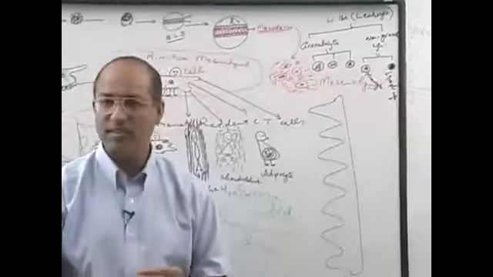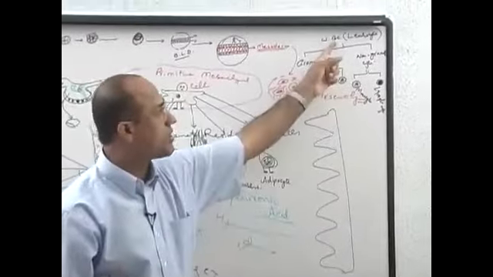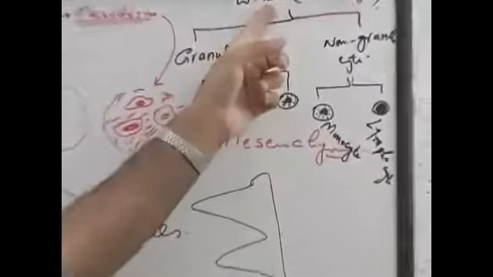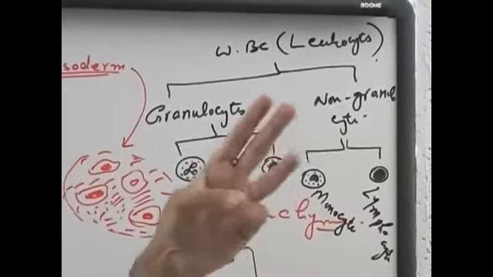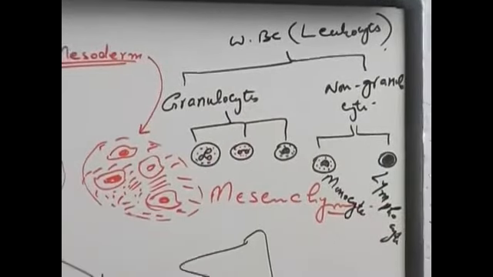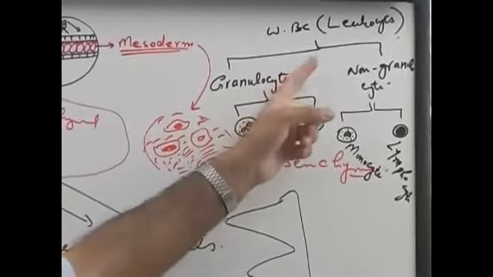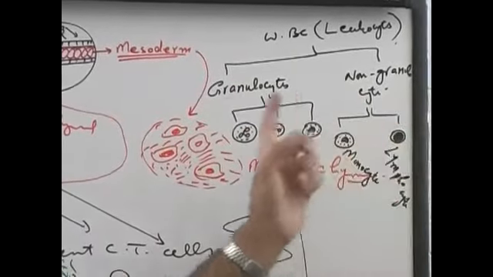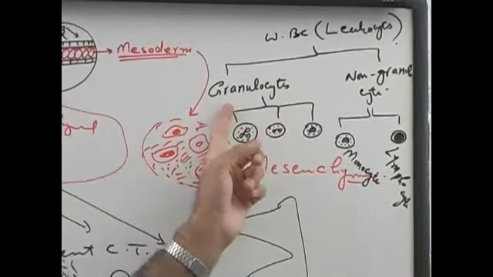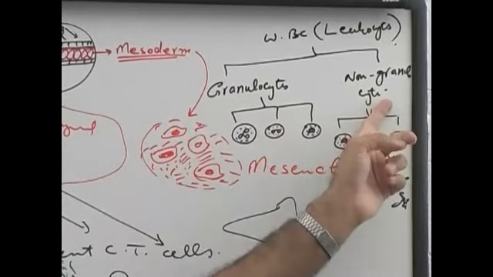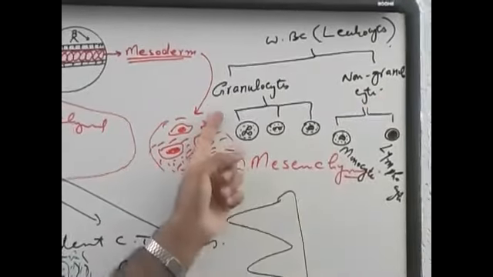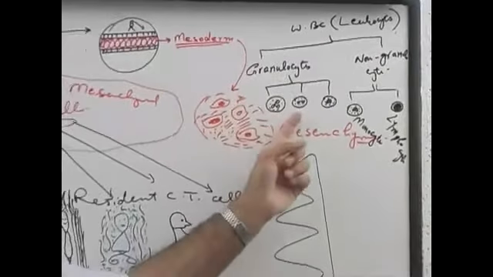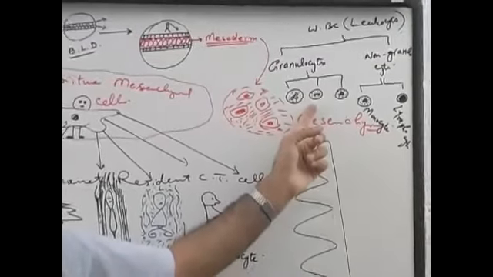So again, listen, it's not very difficult. We say white blood cells are coming from the bone marrow. Bone marrow is making red blood cells, platelets and white blood cells. Clear? These white blood cells are granulocyte and non-granulocyte. Granulocytes have specific granules, non-granulocytes do not. Some granulocytes have a bilobed nucleus with eosinophilic granules.